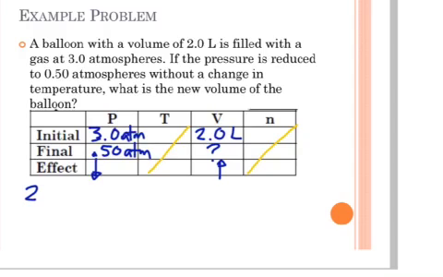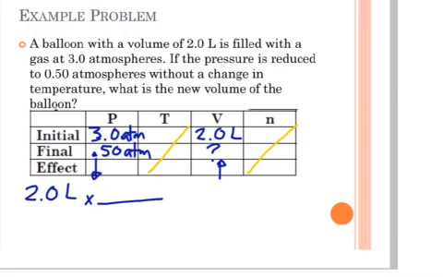We're going to start our little problem by writing the initial condition of the variable where we only know the initial condition, so in this case volume. Then we're going to set up a fraction to multiply by that with pressure on top and bottom. Now I've got to decide, do I put the 3 on the top in the numerator or on the bottom in the denominator? Where do I put the half?